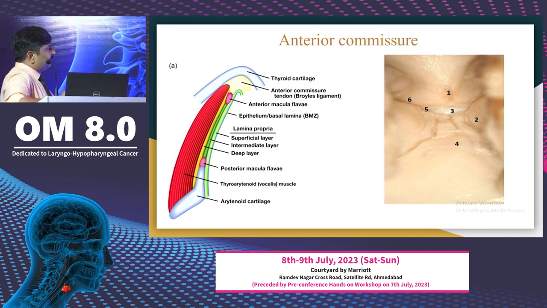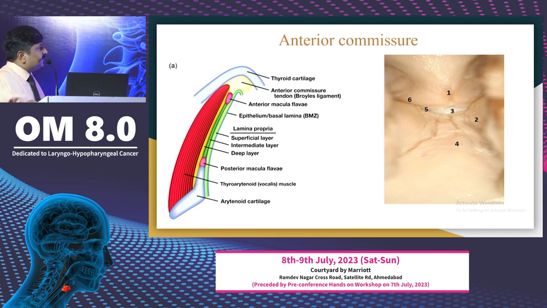But the interesting phenomenon is that at times disease directly perforates through the thyroid cartilage, because the inner perichondrium of thyroid cartilage is lacking just caudal to Broyles ligament, and there are loose areas of blood vessels there, and the glottis is in very close contact with the thyroid cartilage.